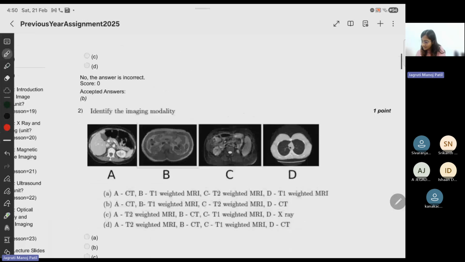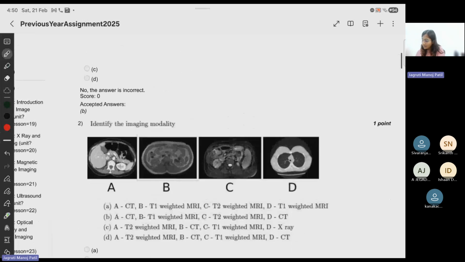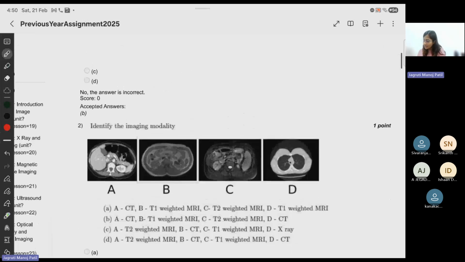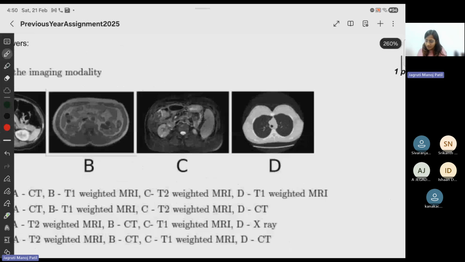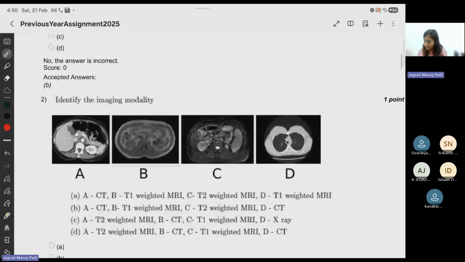Then for this case, identify the imaging modality that you're looking at here. So we didn't go through them, but I'll just give you an idea. There are T1 weighted images in MR, and there are T2 weighted images in MRI. So these are slower to make, and there are differences in the CSF.